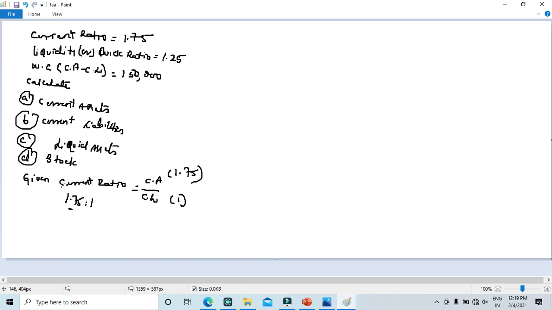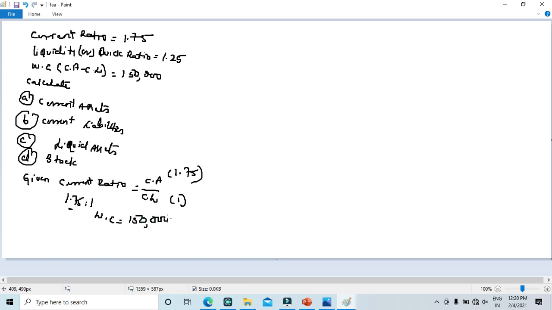Your current assets will be 1,50,000 into 1.75 divided by 0.75, which comes to 3,50,000. So these are your current assets.